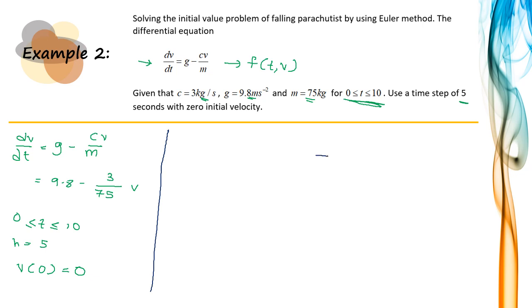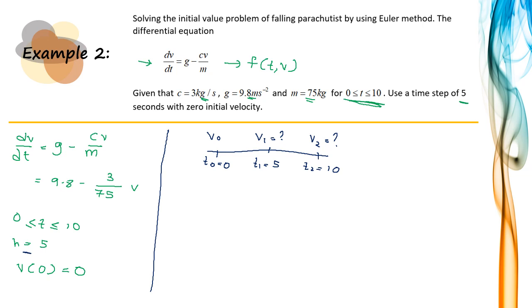Now let's sketch our timeline. We start with t0 equal to 0, and the step size h is equal to 5. That means t1 is equal to 5 and t2 is equal to 10. When t is equal to 0, our v is equal to 0. We are going to find the values for v1 and v2.